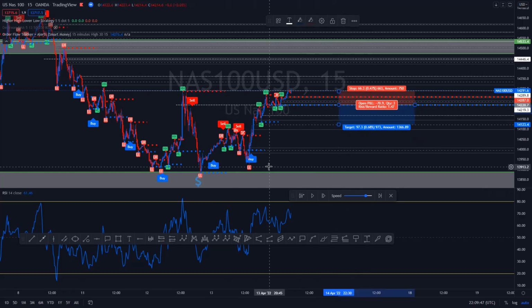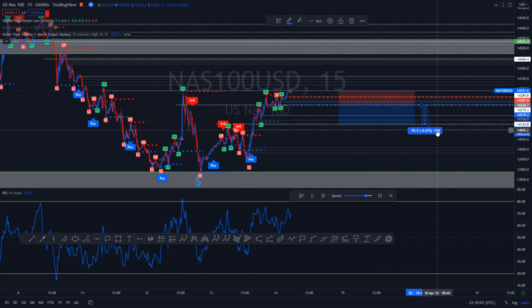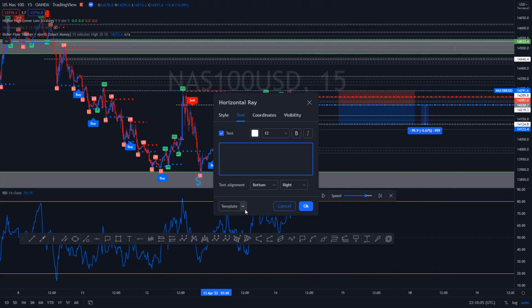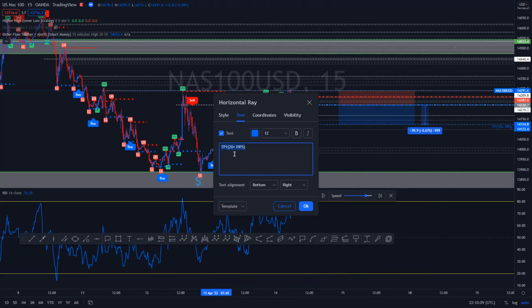So I want to actually set my horizontal line here, the TP1, because I want to get at least 10 pips worth of the NAS100 in order to score. And this is way more than 10 pips, so this is good. So this is going to be TP1, and this is going to be 959 plus pips.